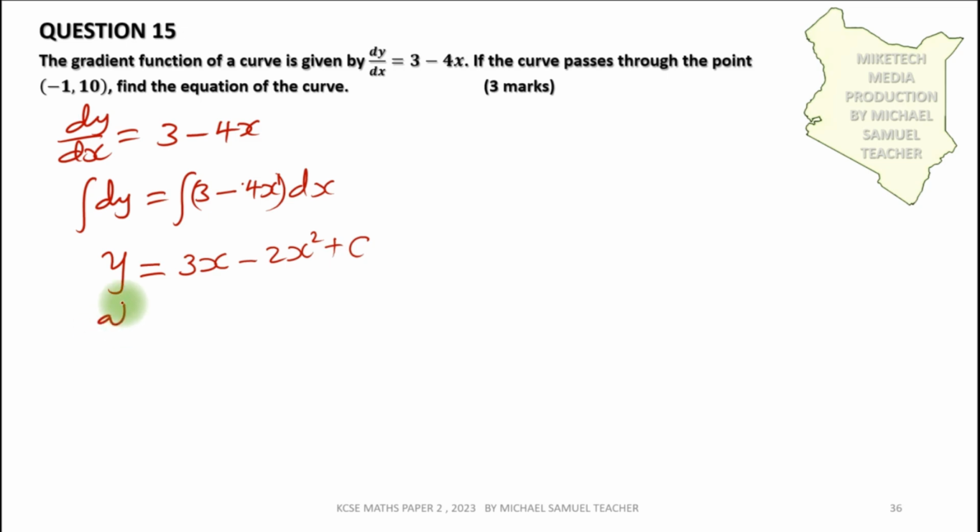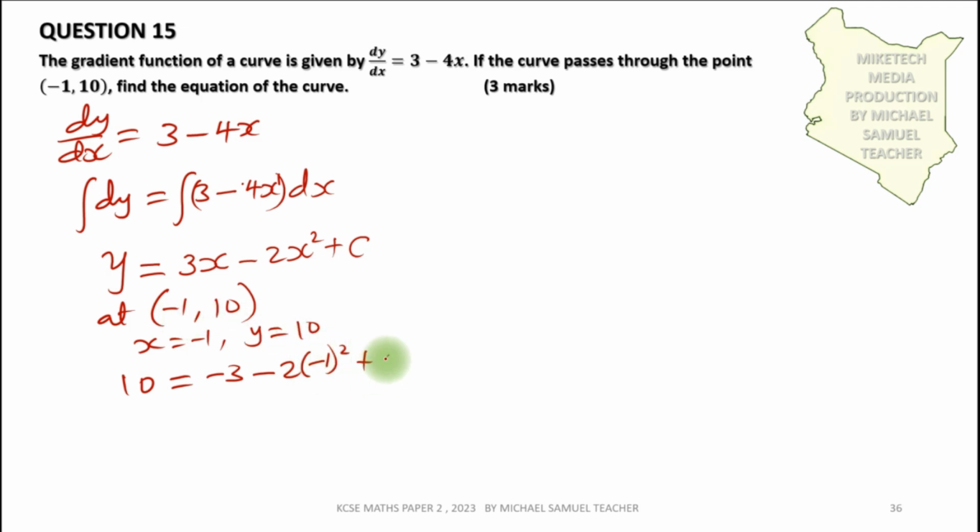So at this particular point (-1, 10), we need to get the value of c. x is minus 1, y is 10, substitute into the general equation. So 10 equals 3 times minus 1, that is minus 3, plus minus 2 times minus 1 squared, plus c.